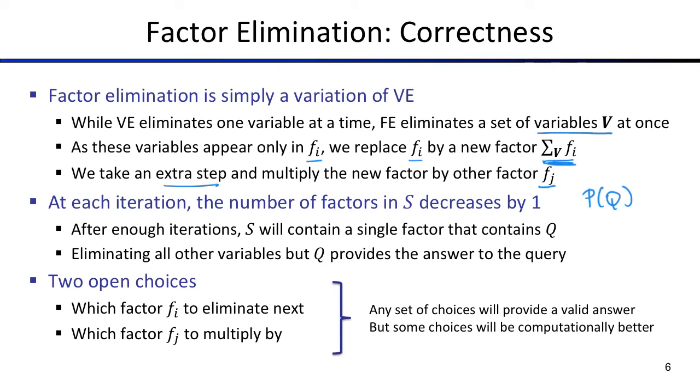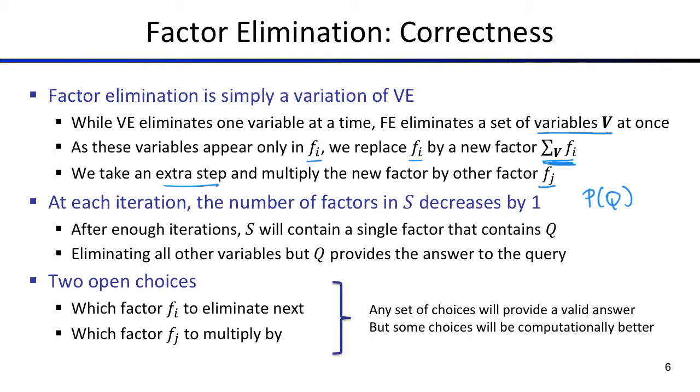So we can see that we have two open choices here. One is which factor we're going to select from S to be the next one to be eliminated, and we also have to choose which factor we're going to multiply by, and that's going to be the factor Fj. So we have these two open choices, and we're going to see that these two choices do not impact the correctness of the algorithm.